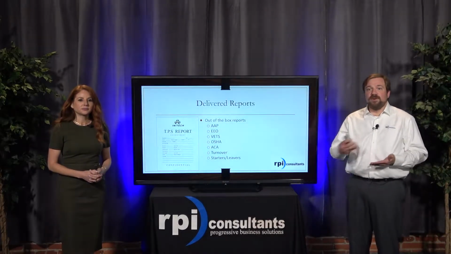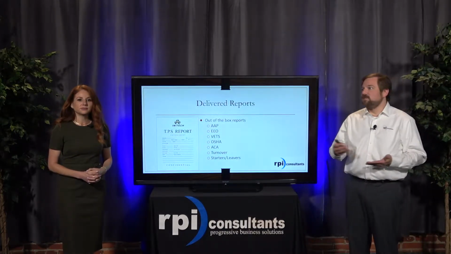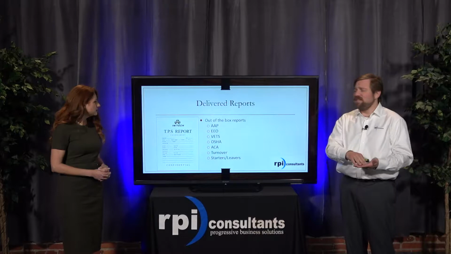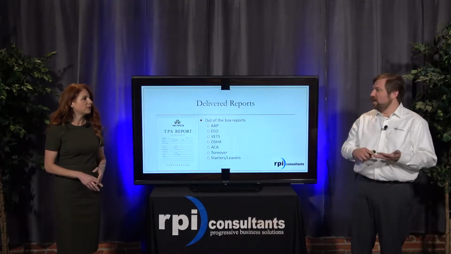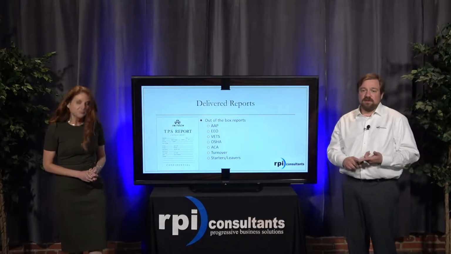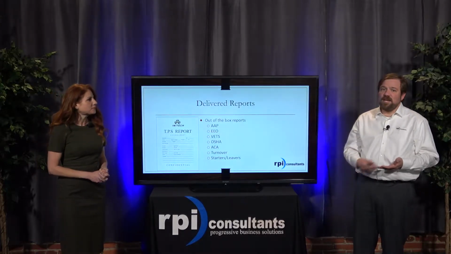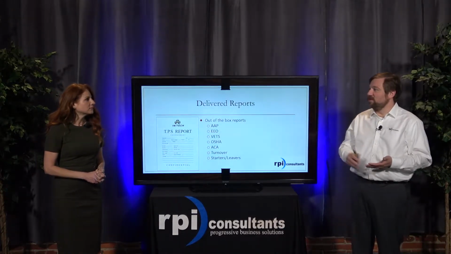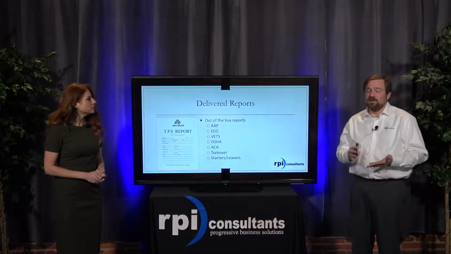Things like affirmative action reporting and EEO reporting, the VETS 100, and when I'm saying the EEO report, it's the EEO 1, the EEO 4 and 5. It also does now. Yep. Your VETS 100, like I say, you've got your OSHA log, you've got ACA reporting, your turnover, your starters and leavers. But let's talk about a couple of those, a couple of the setup requirements, first of all.